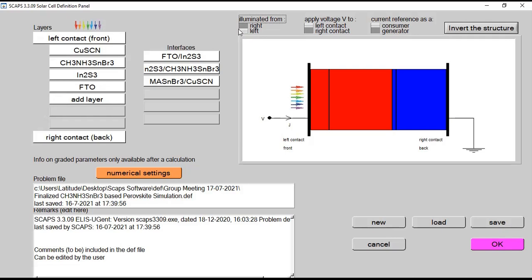You can see that I have just clicked illumination from left to right. Now the light will be incident on what? On p-type semiconductor material first, then perovskite, then ETL, then FTO glass. This is the non-inverted architecture.